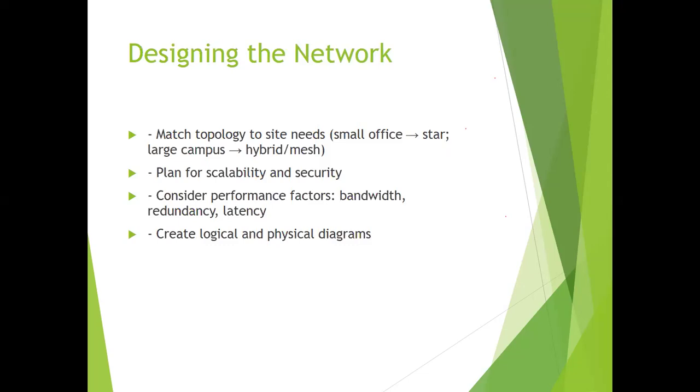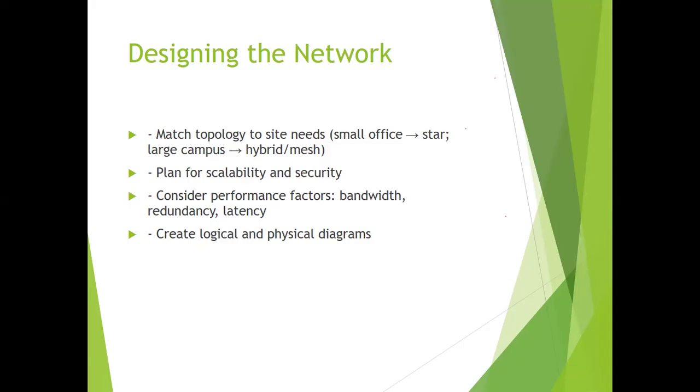In designing the network, you have to match the topologies to site needs. For example, for a small office, you have to choose the star. In a large campus, you have to consider the hybrid mesh topology and plan for scalability and security.